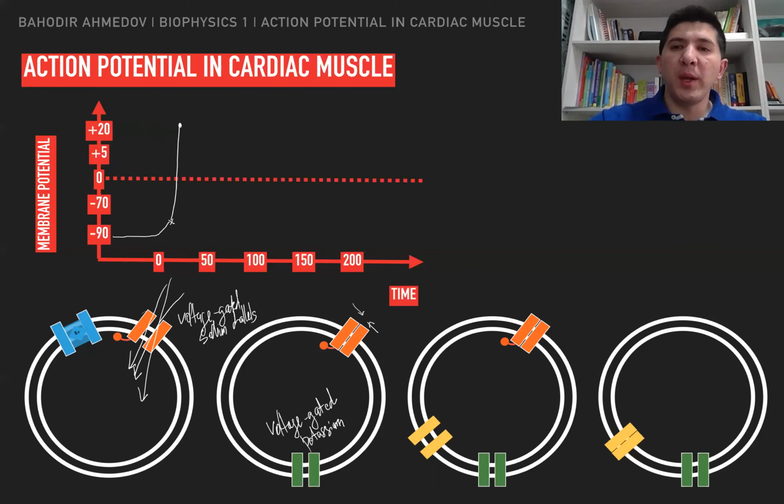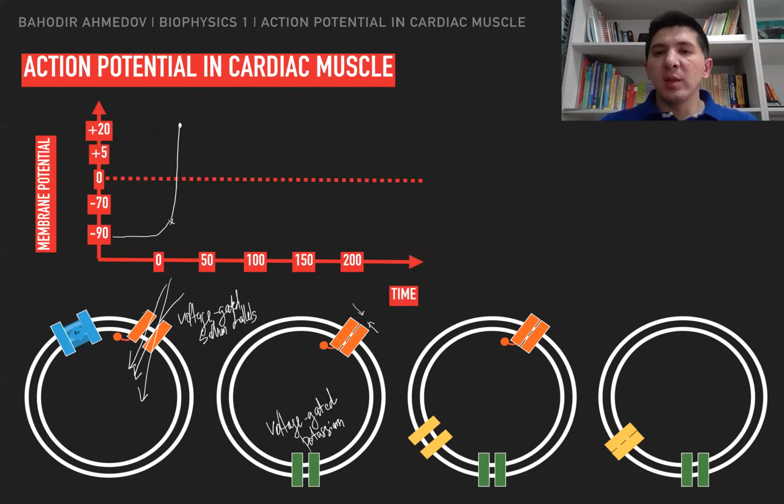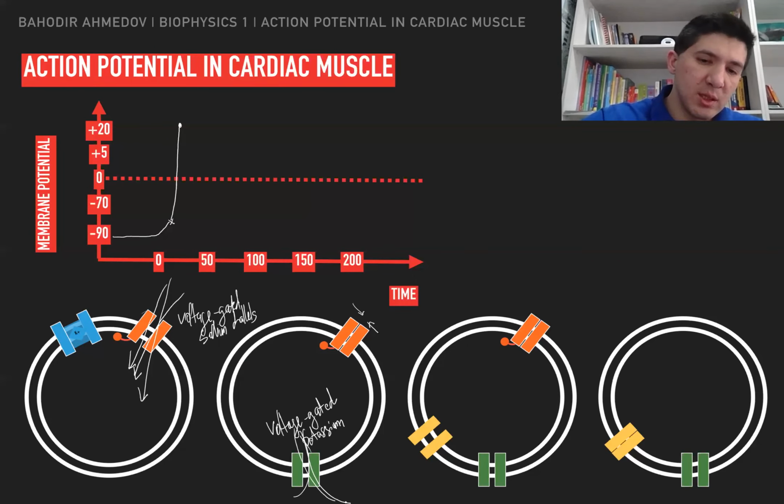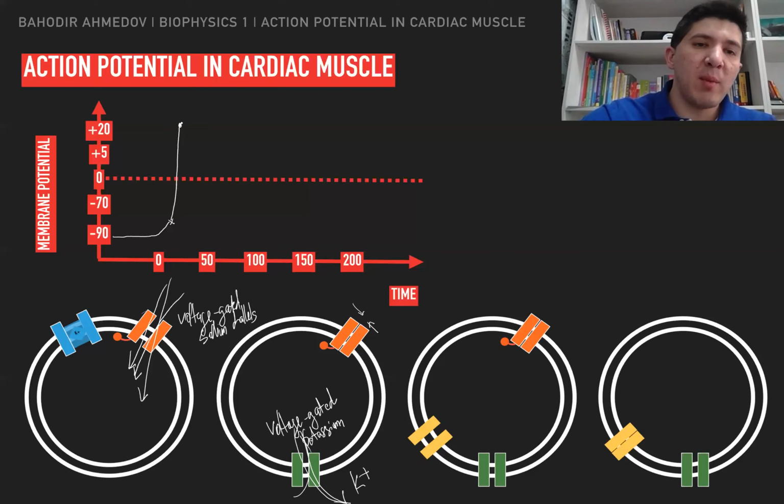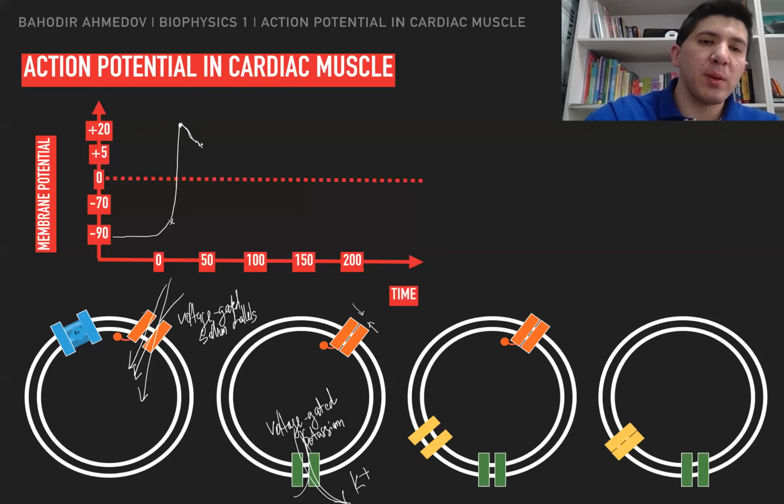They are going to open and let the potassium out. So K plus is going to be out here. It means that the membrane potential is going to decrease until plus 5.